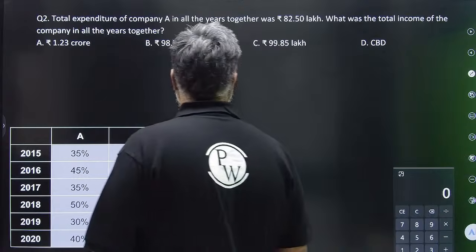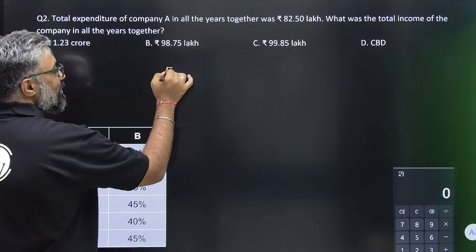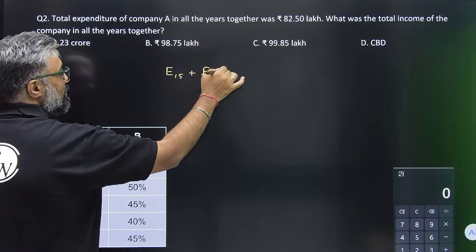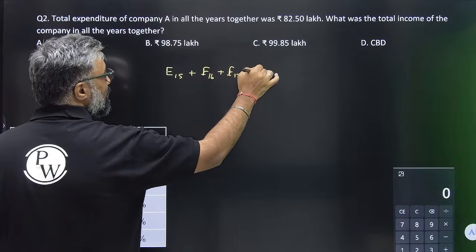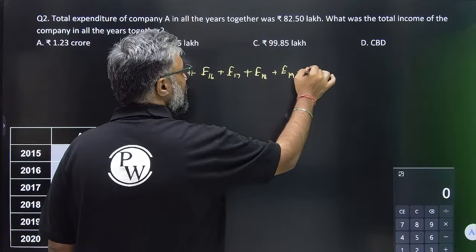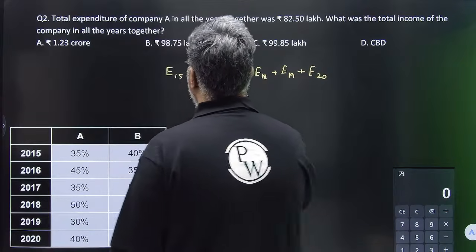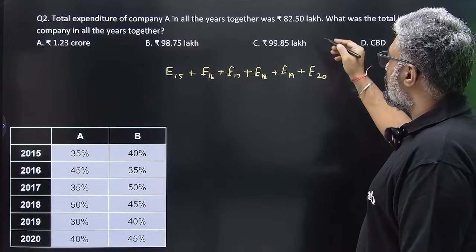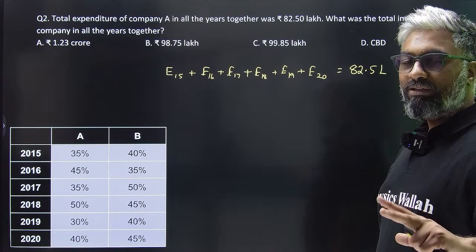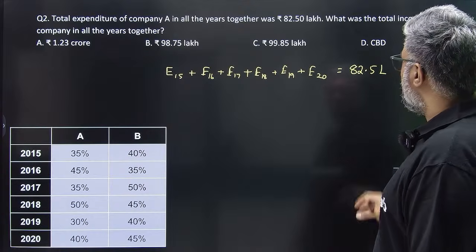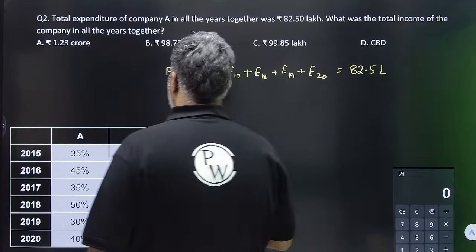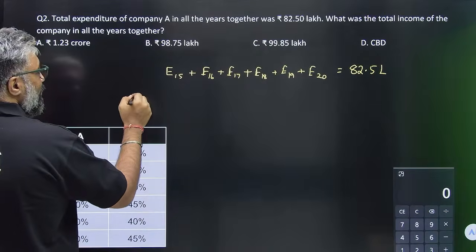What they've given us is this, okay? They've given us expenditure for the year 15 plus for the year 16, for the year 17, 18, 19 till 20. So 15 till 20 total expenditure they're saying is 82.5 lakhs. On this total expenditure, I need to add the profit.